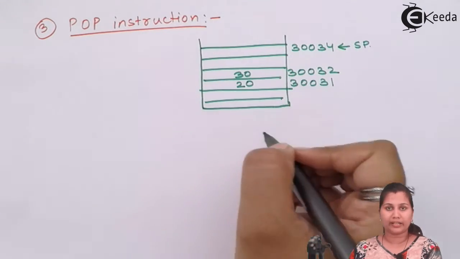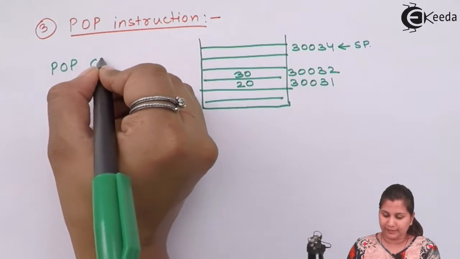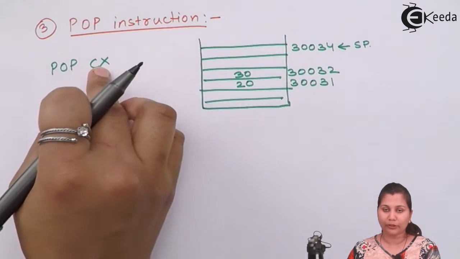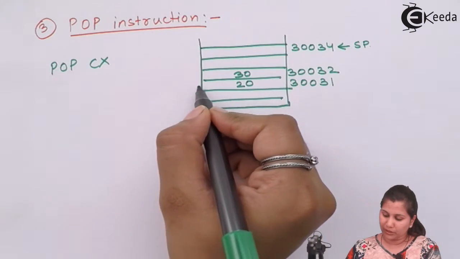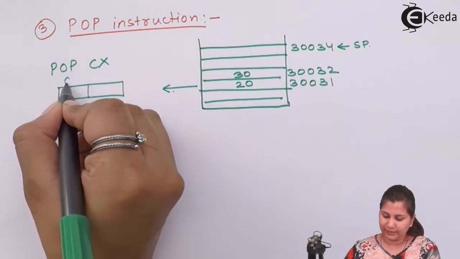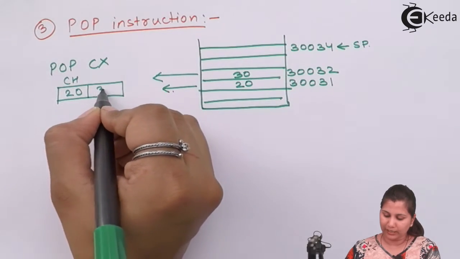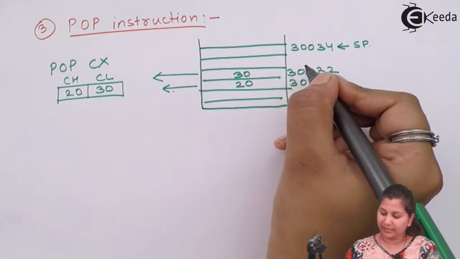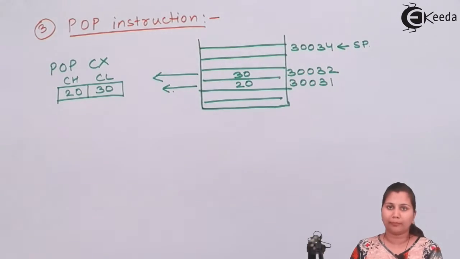Now if we want to get this data, we will write POP CX. It means we are going to pop the contents of the stack and store it in the CX register. So first this 20 will be taken out and stored in CH, and then 30 will be taken out and stored in CL. So in this case the addresses are incremented. Okay, so that is the difference between push and pop.